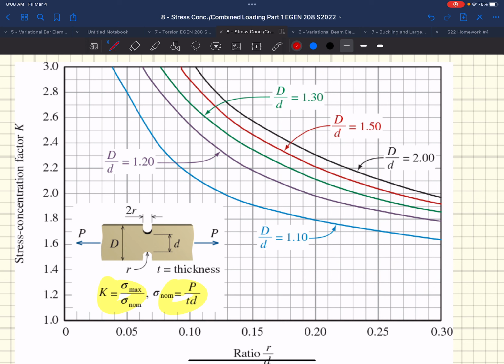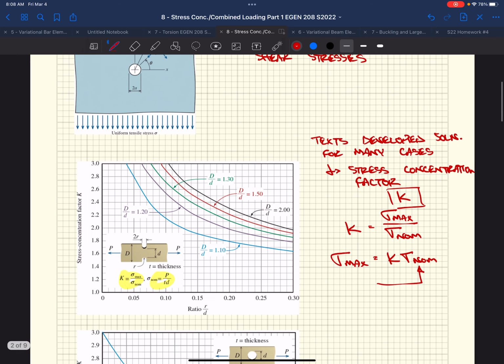And the nominal stress is the load that's on this plate, right, divided by the area, that'd be our normal stress. And the area over which you're calculating it is the smaller area, right, little d times t, the thickness of the plate. So that's just the big thing to be careful with here.